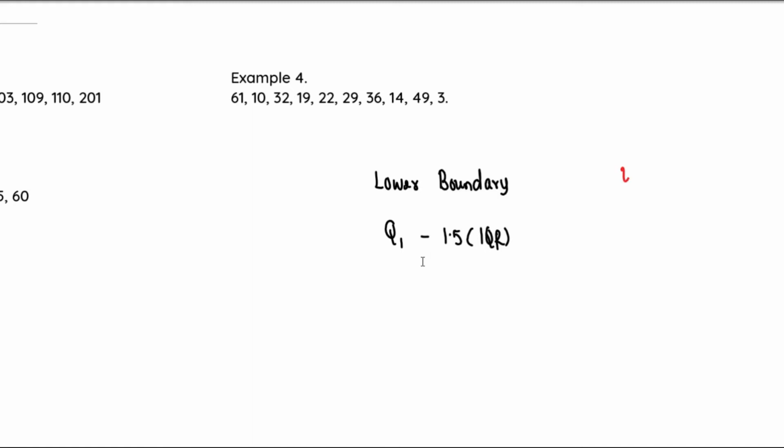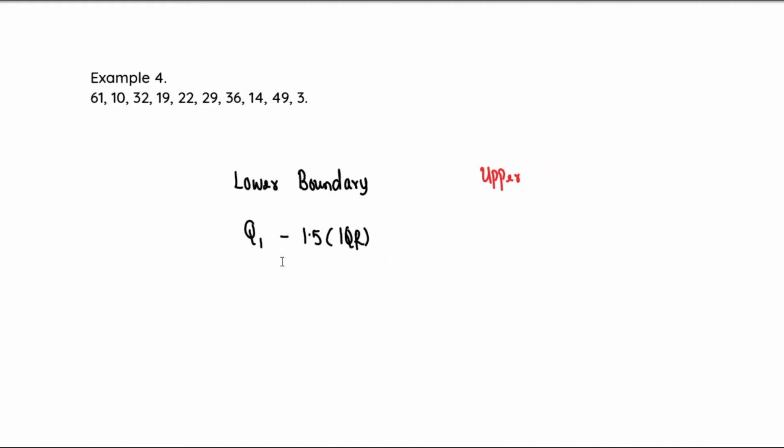And the upper boundary is going to be Q3 plus 1.5 times IQR. As you can see, we only made use of just 3 variables: the first quartile, the third quartile, and the IQR. And we need to know that the IQR is actually the difference between the third quartile, Q3, and the first quartile, Q1. Very important, we need to keep that in mind.